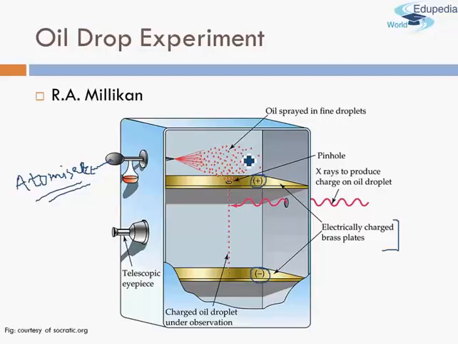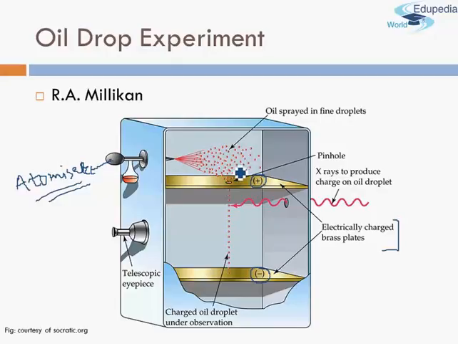Now we have a pinhole here on the upper brass plate, so that these droplets can one by one pass through this pinhole towards the bottom. These are oil droplets of some mass. Obviously they will have a certain amount of mass, which means they will have gravitational force acting upon them.